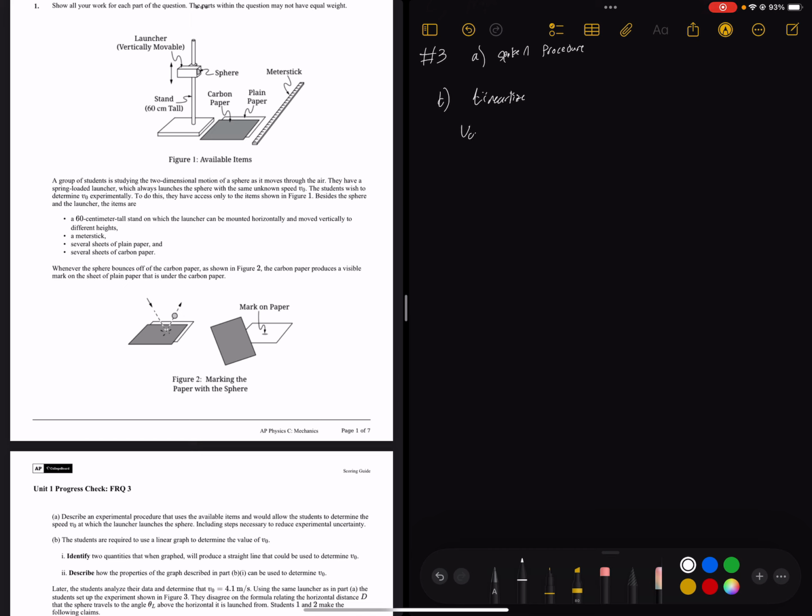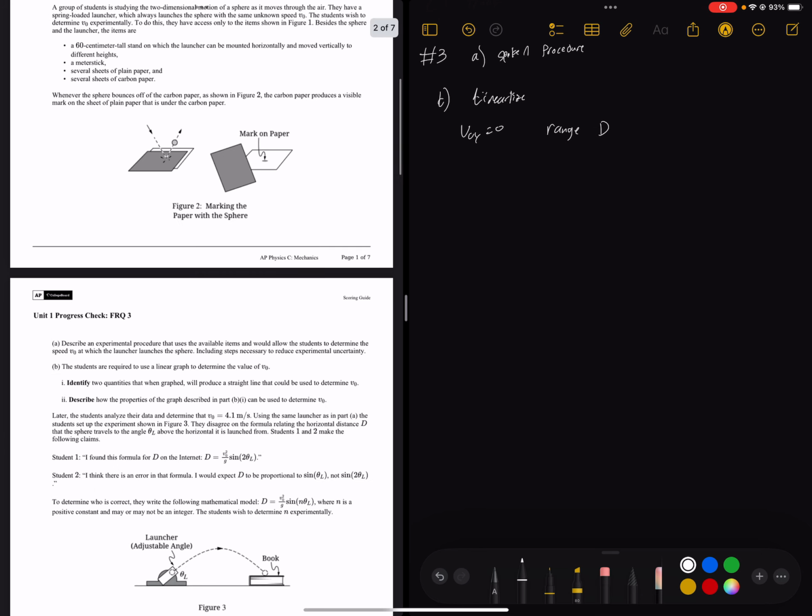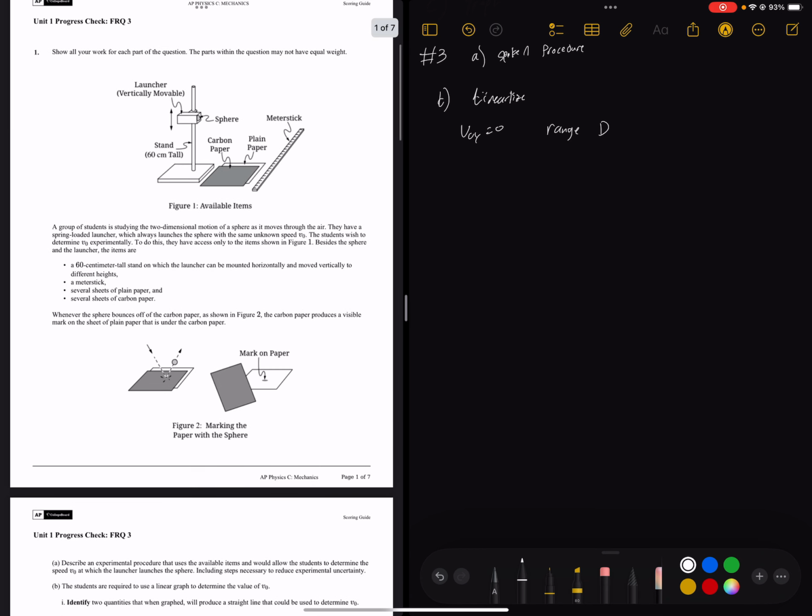So I know that v naught y is equal to 0. I have no initial velocity in the vertical direction because this projectile is launched horizontally. All right, so the equations I used: I know that the range, I just labeled it as x initially, and then I saw in a later part of the problem they used the variable d. I think that's going to be less confusing.